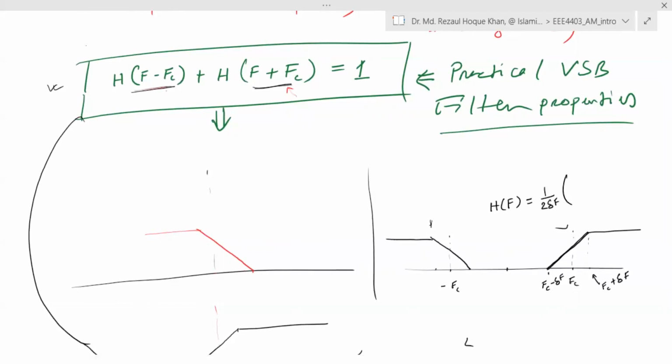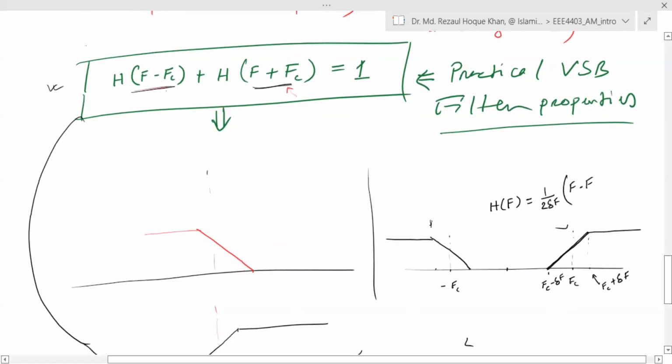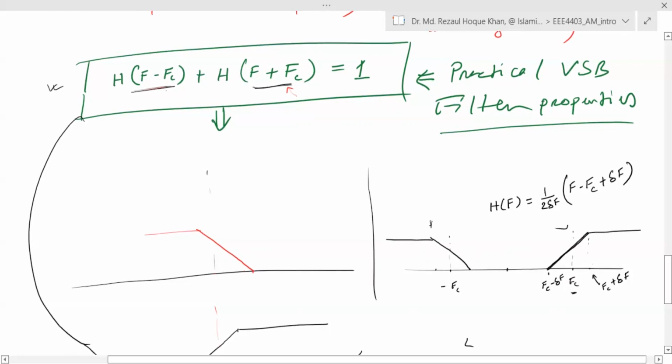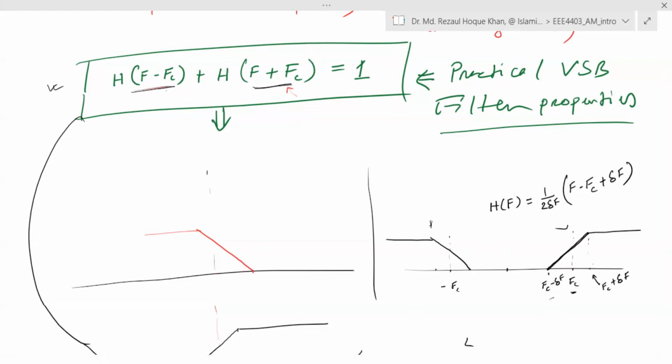Okay, so the function of this filter will be F minus FC plus del F. Okay, so FC is the midpoint. So we can see that this VSB filter is symmetric about FC. That is, FC minus del F is this point, and let us say that FC plus del F is this point.